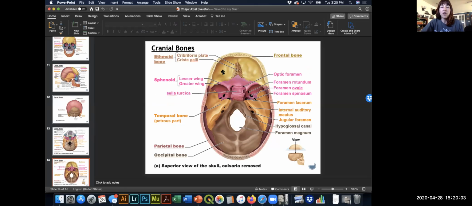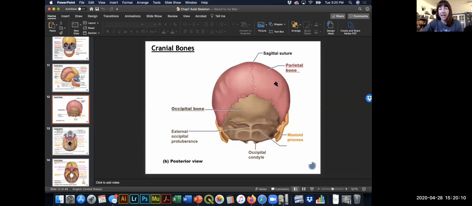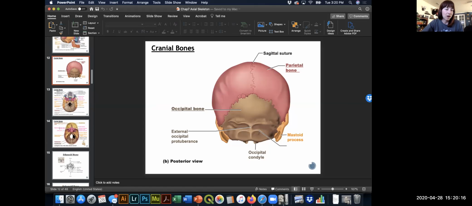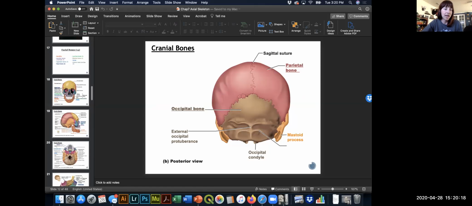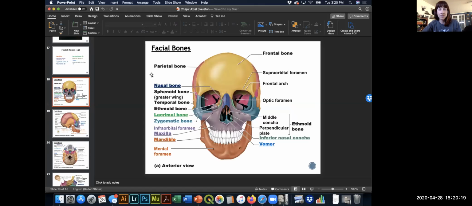So your frontal bone, your temporal bone, your occipital bone, and your parietal bones are all of your cranial bones, and your facial bones are everybody else that is not actually associated with the cranial cavity, right?